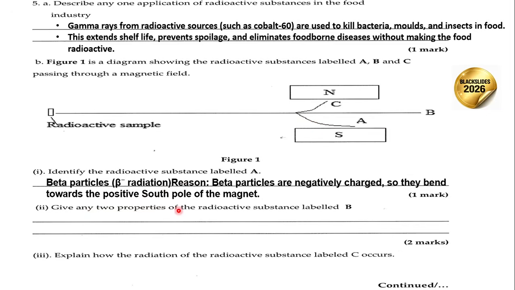Give two properties of the radioactive substance labeled B. Take note that B is not deflected either towards south or towards north. So this must be gamma.